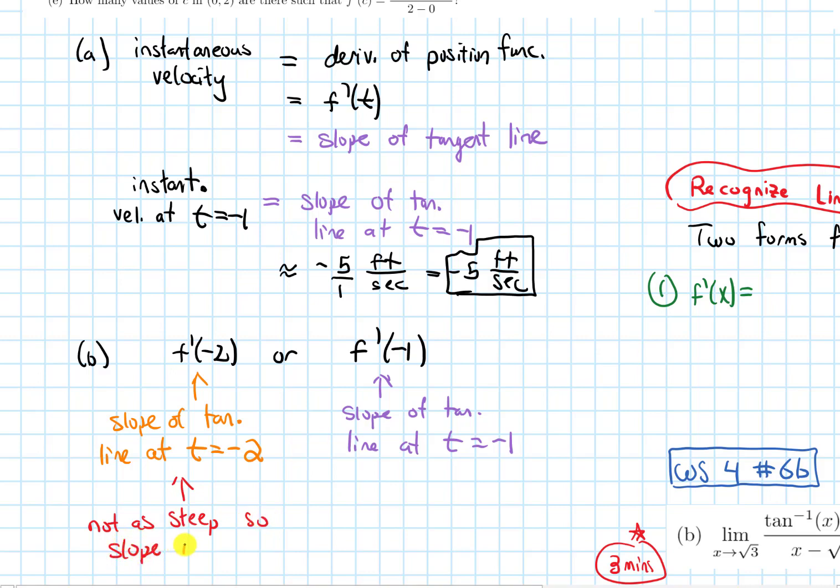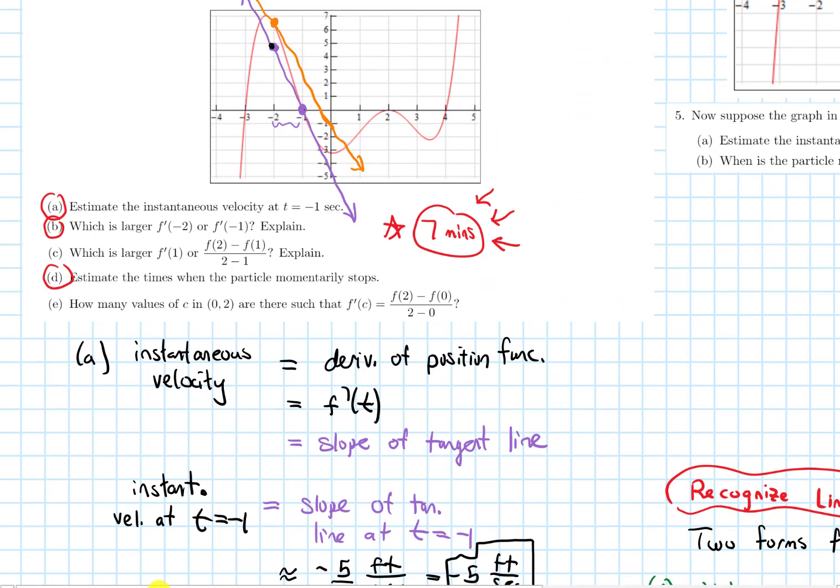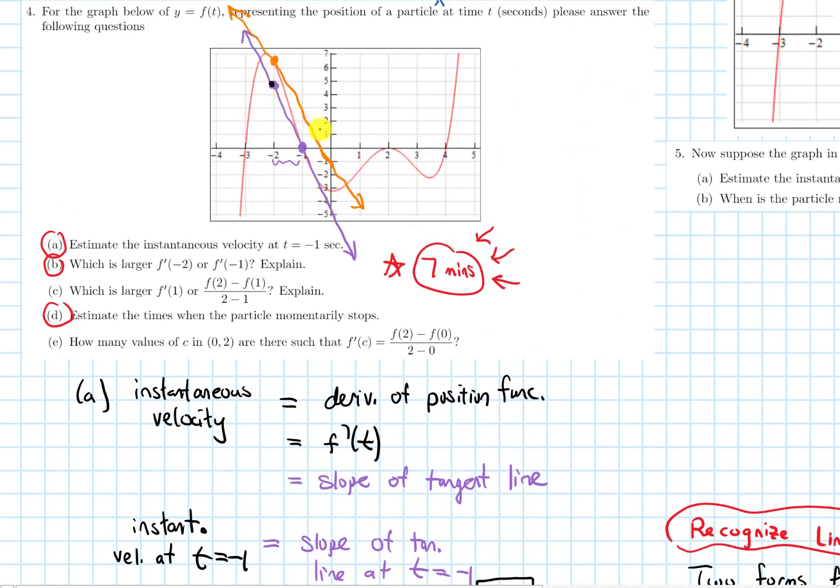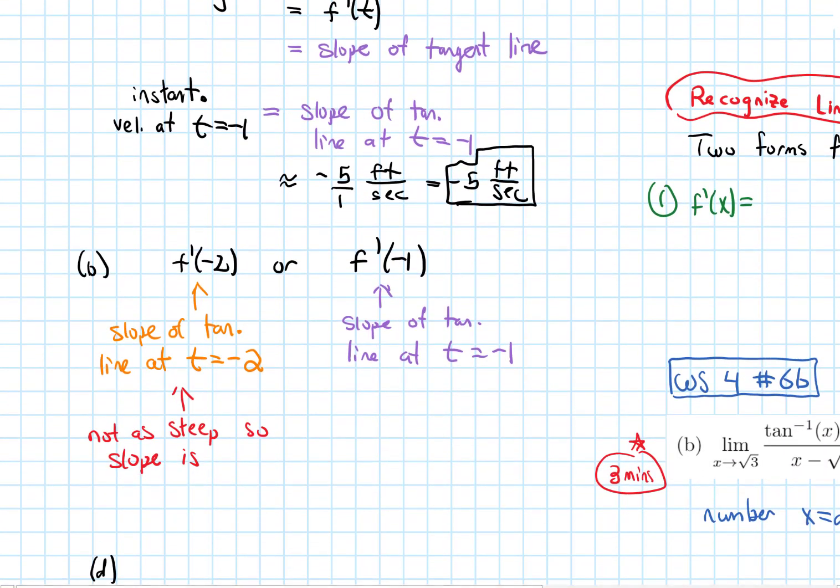Because both of these slopes are negative, and the orange one is less steep, that means its slope is, in quotes, less negative. What do I mean by less negative? Well, the slope of the tangent line at t equals -1 we already estimated in the previous question.